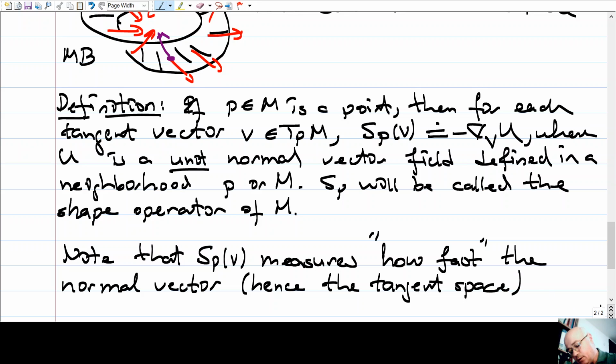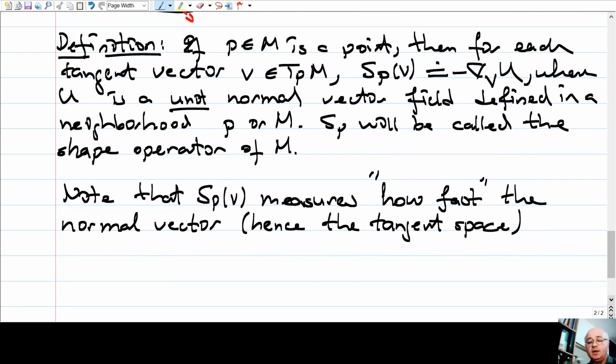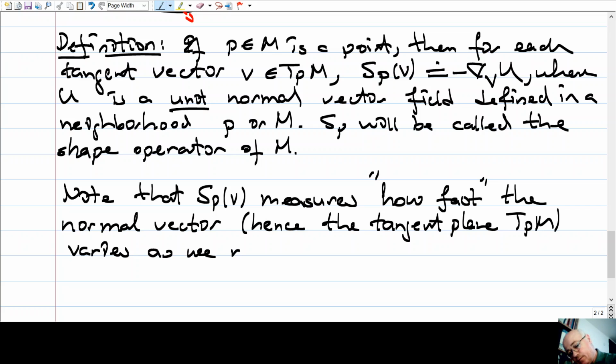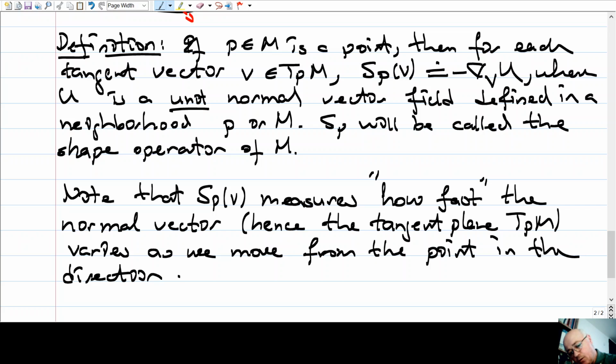Because the normal vector and the tangent space determine each other. The tangent plane, T_P M, varies as we move from the point in the direction of the vector v.